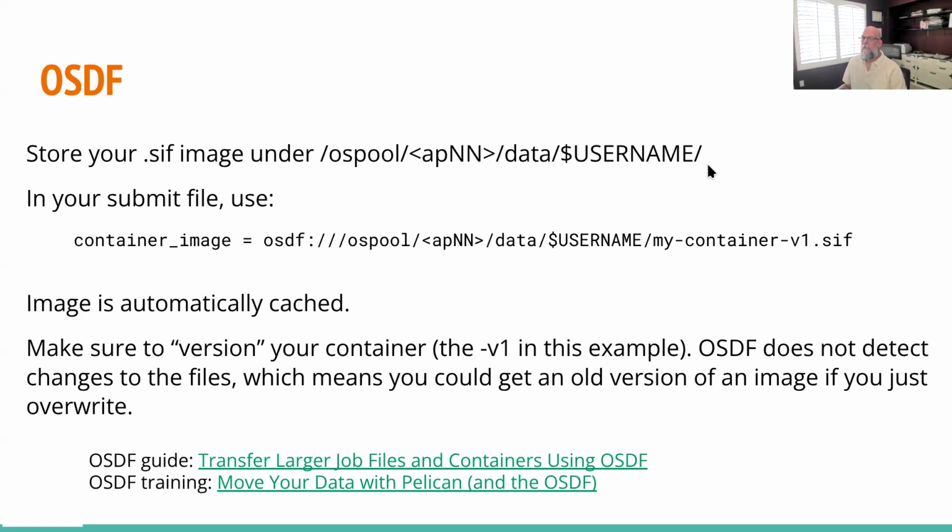Anything you put in that directory can then be referenced by prepending it with osdf://. You see this part, the ospool ap40 data username, is the same. Anything you put in that directory is then accessible via OSDF. OSDF is authenticated, so the stuff you put in here is still only visible to you or your jobs. But this is really the most efficient way of doing the data transfers.